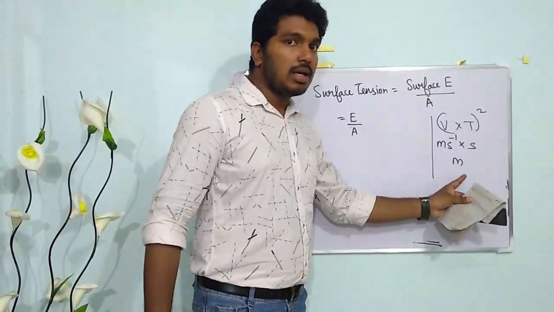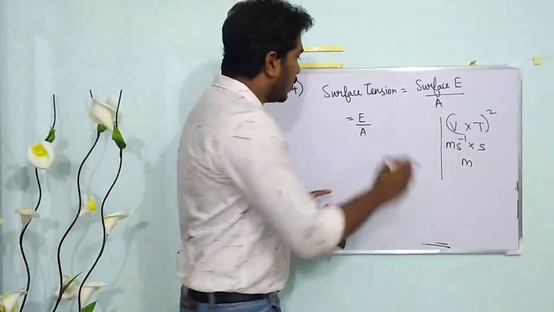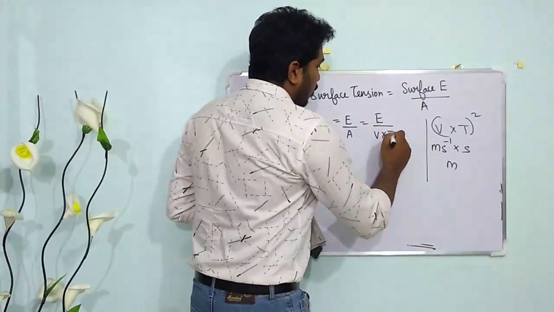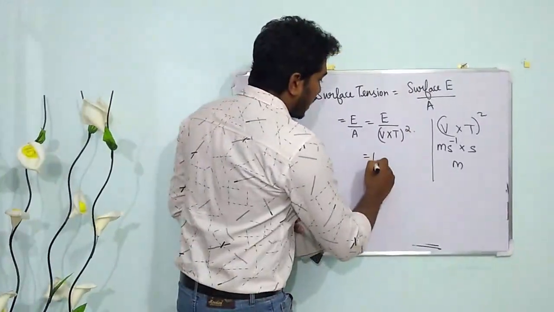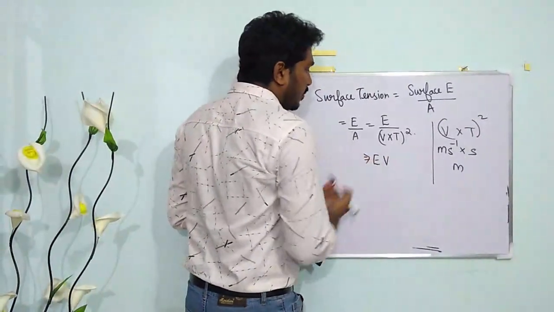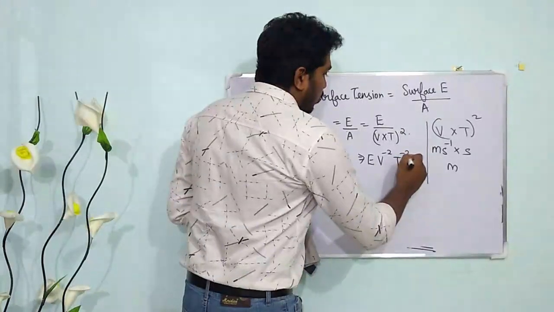Velocity into time is meter. So velocity into time whole square is what? Meter square. That is area. So this is equal to E divided by V into time, the whole square. Or you can write this as E V raised to, what will be the corresponding dimension formula? E v raised to minus 2 t raised to minus 2.